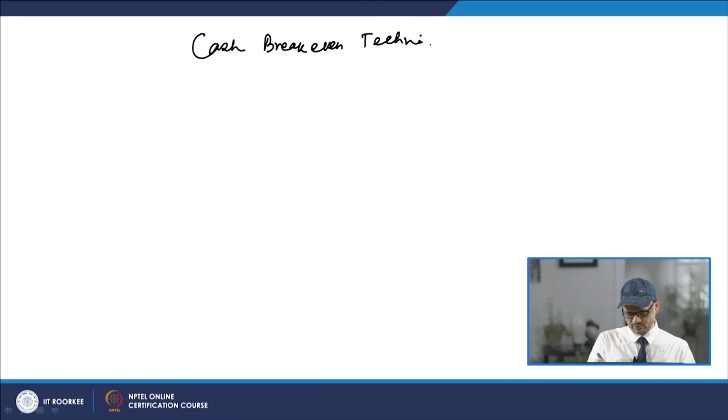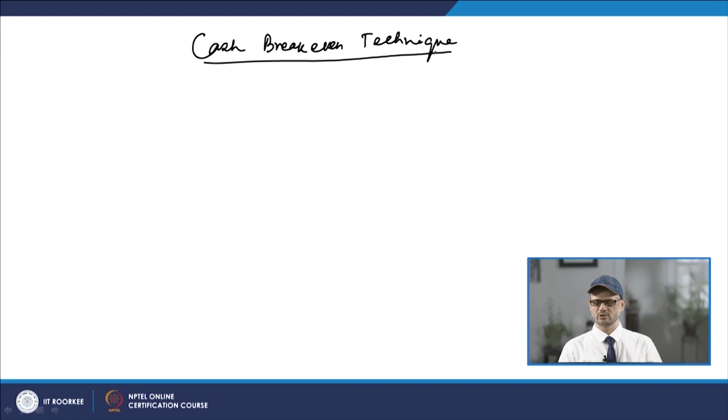Now, we are going to further study the cash break even technique. In that case we are going to deal with some non cash charges. The fixed cost also involves certain non cash charges, like the depreciation of the assets.